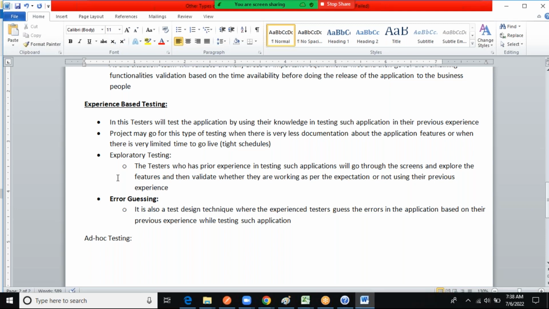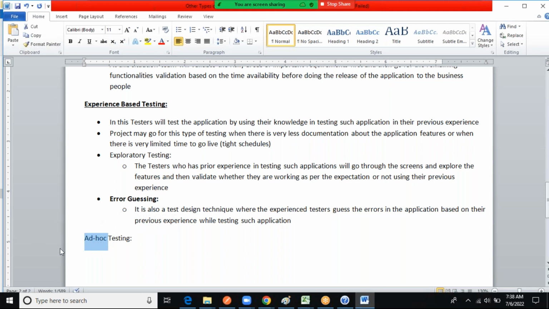That's the procedure they mention. But instead of following that, they are calling some people randomly. What does it mean? Without following the procedure, they are doing whatever they want. So that is what ad hoc means here also, without following the procedure.